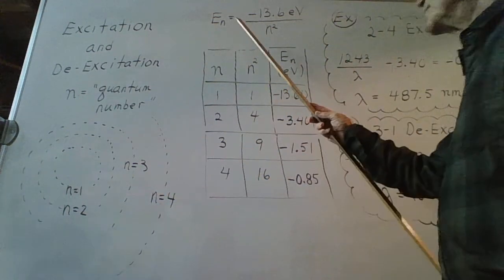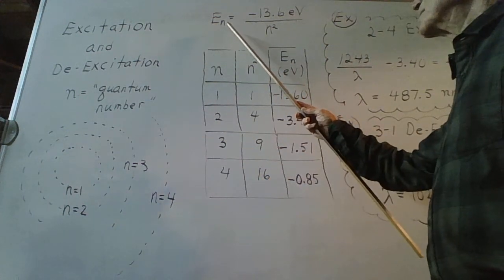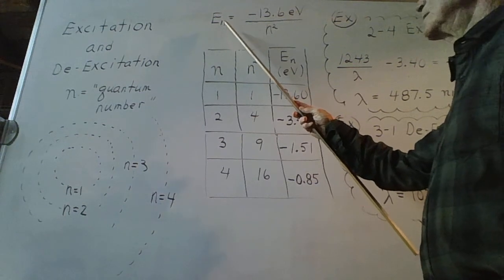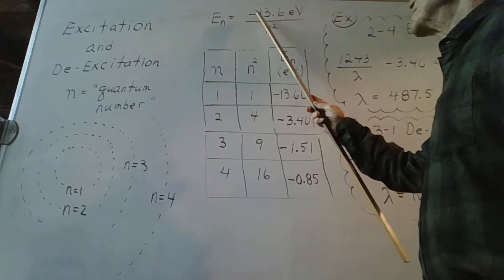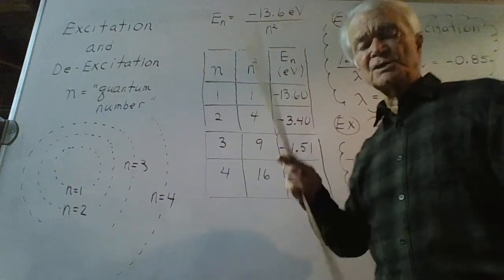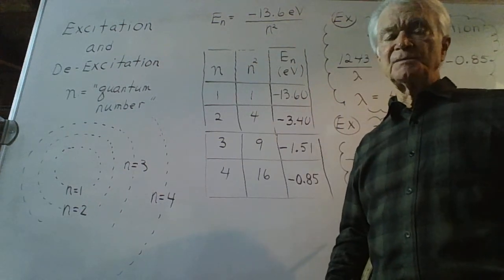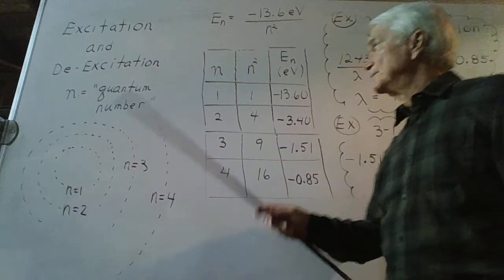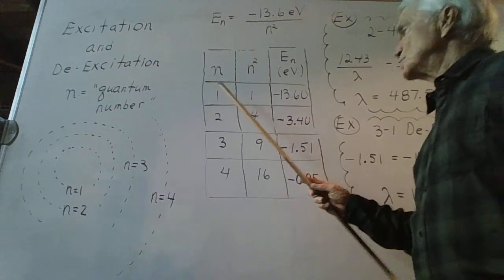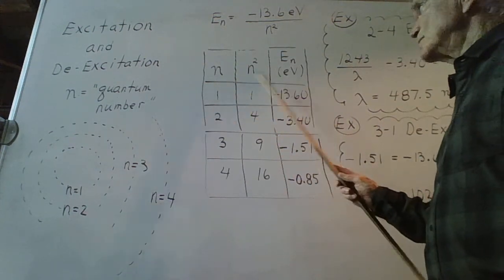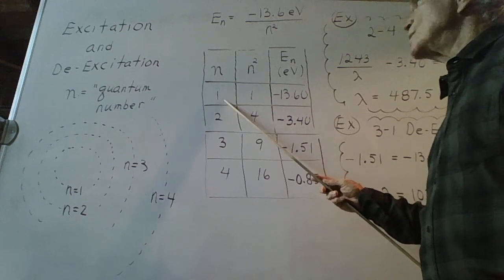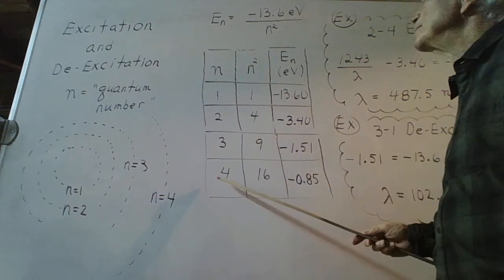The equation for the electron energies is shown here. It's negative 13.6 electron volts divided by the square of the quantum number, divided by n squared. This table shows what the electron energies are for the first four quantum numbers, 1, 2, 3, and 4.